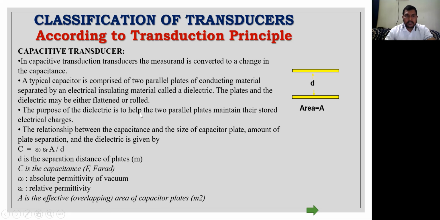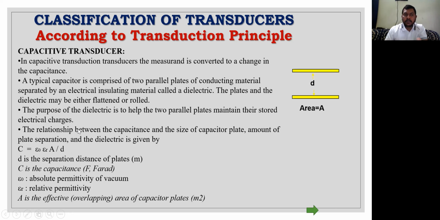So this is the concept of a capacitor. We can change the size of the plates, we can change the distance, we can change the non-conducting medium between them, which is epsilon 0 epsilon r. Depending on this change, we can have different sorts of capacitors. Therefore, this is the concept of a capacitive transducer, right?